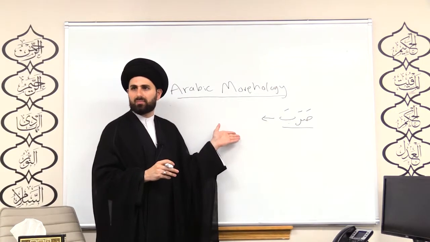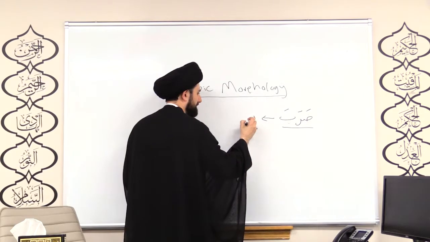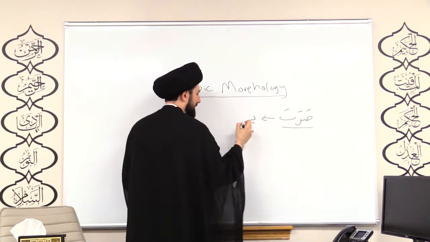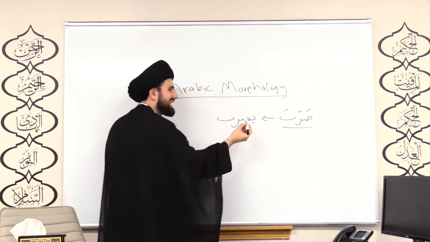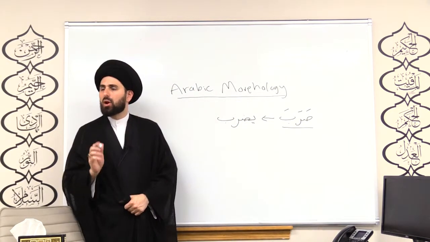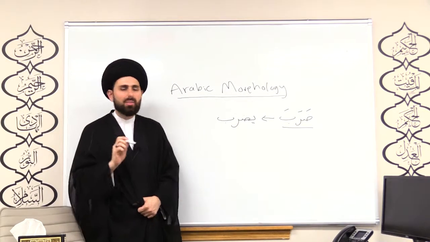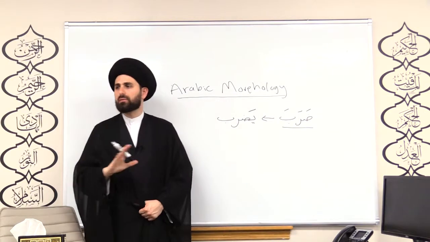In order to make a past tense verb into a present tense verb, you do the following. The first thing that you add is a ya before the three letters. So add the three letters here and then put a ya before them. There is always a fatha on the ya. That's fixed. No confusion there.